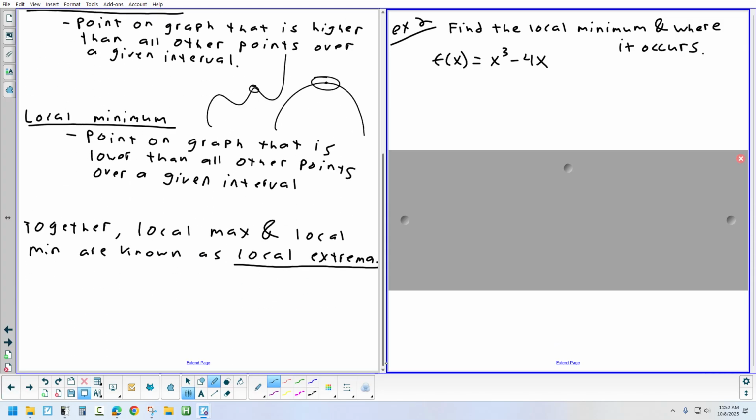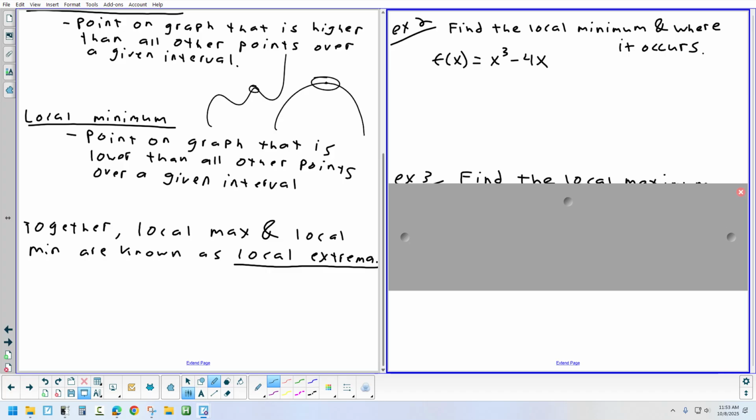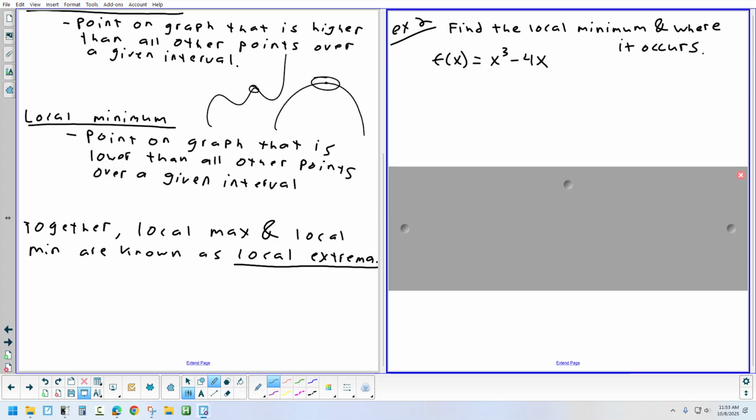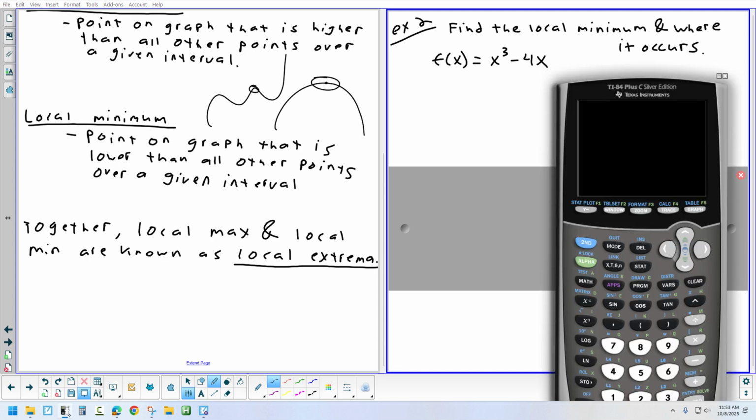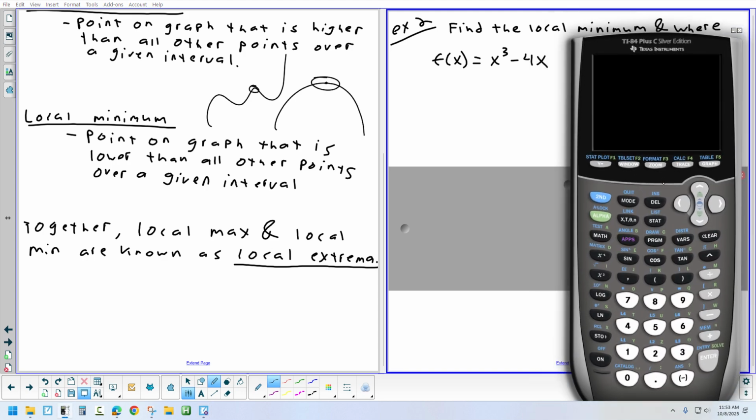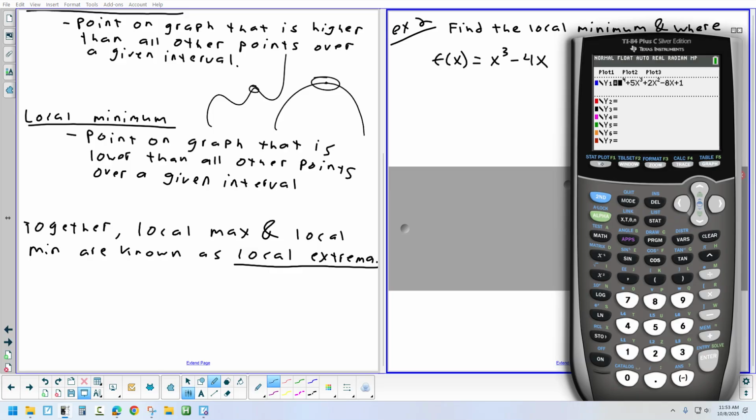Okay, so let's try finding the minimum of that graph and where it occurs. So the calculator will tell us both. You just have to know how to interpret the two numbers the calculator is going to give you. Well, first step is to type it in. X cubed minus 4x.